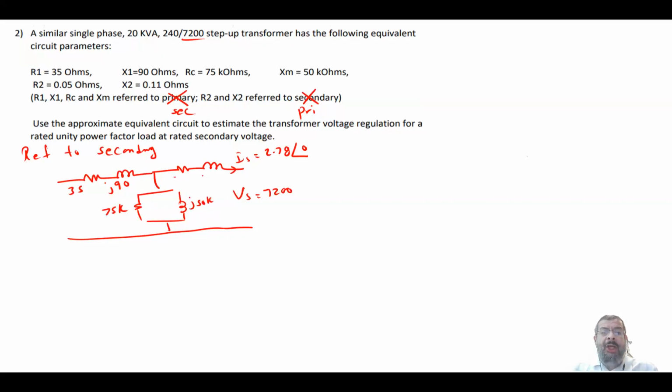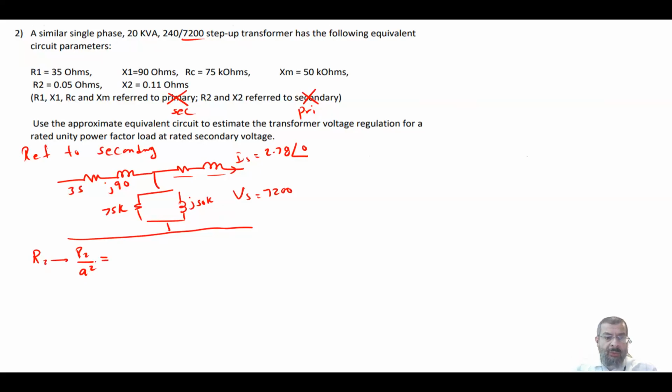Now I need to change these values, which were referred to the primary, and refer them to the secondary. So what we do, we divide by a square. Here your R2 will be R2 divided by a square.